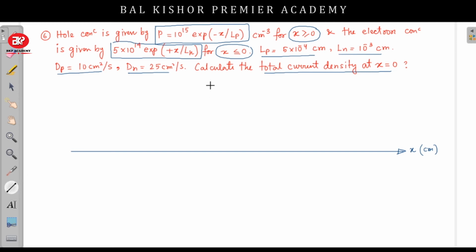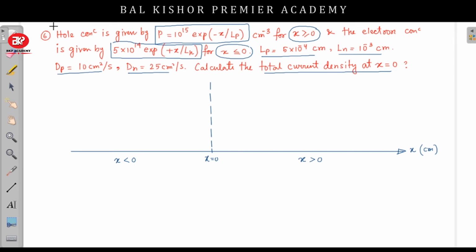Suppose this is the x equals 0 point. Here it is x less than 0, and this is x greater than 0. And at this point, it is x equals 0.